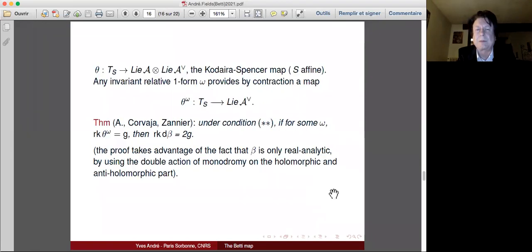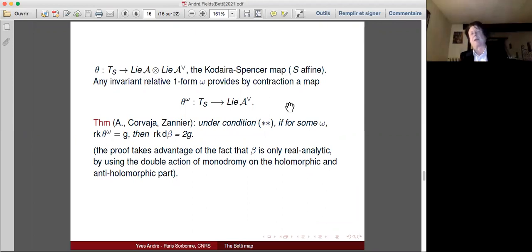So the Kodaira-Spencer map, there are several variants, but one of them is a map theta, let us assume that S is affine for simplicity, from the tangent space of the base S to the tensor product of Lie A and Lie A dual.